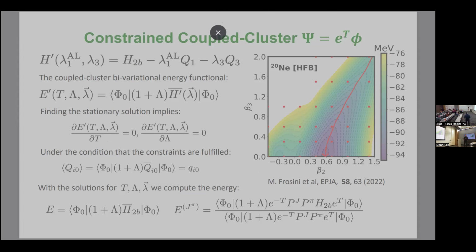Okay, so we will do CCSD now, and we solve these equations under the condition that these constraints are fulfilled, right? And then once we do that, we can also finally perform projection onto good parity and angular momentum as well to get the positive and negative parity bands.